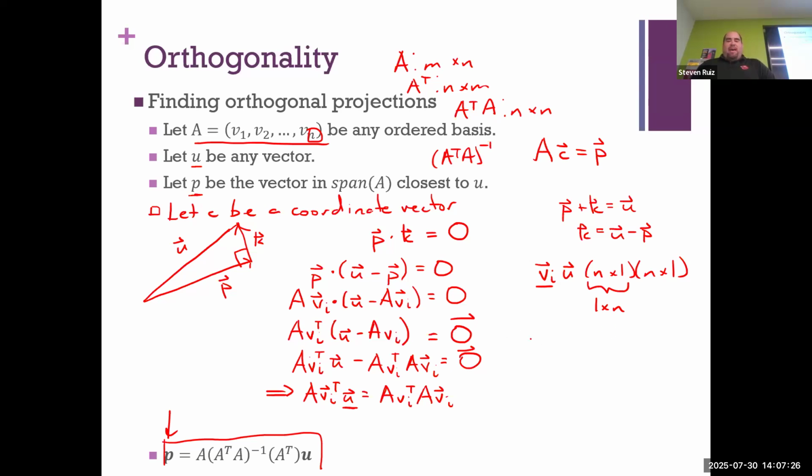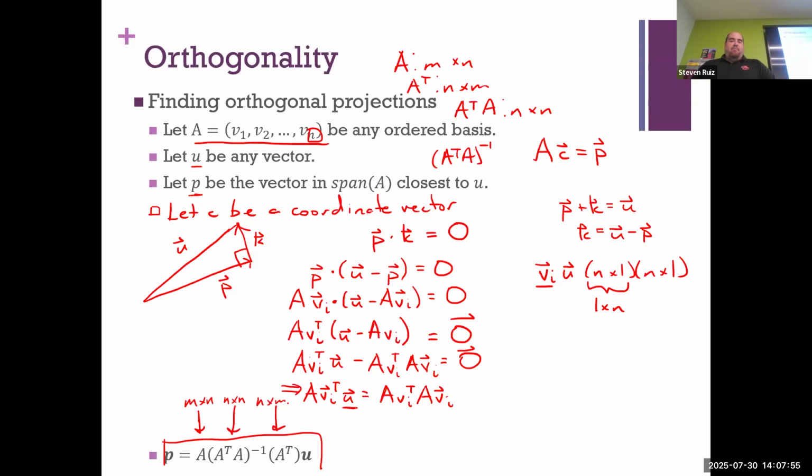Okay, so now what I have is A, which is M by N. So A times, actually I can just do it here. A, which is how big? M by N. This whole inverse thing is N by N. And how big is A transpose?